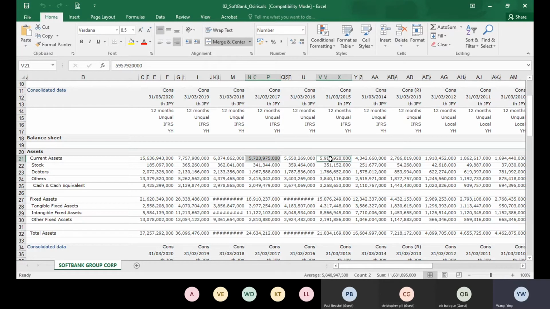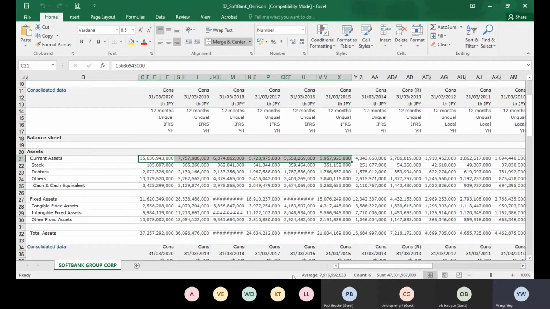Then you use 2017 compared with 2015 and calculate the change. Similarly, you can do 2020 and 2015. You can see the change of current asset with this horizontal analysis. So that goes this way, horizontal. In other words, you find out the change of one item in your balance sheet.